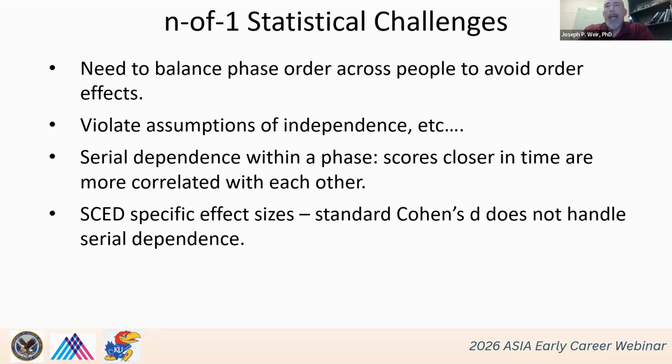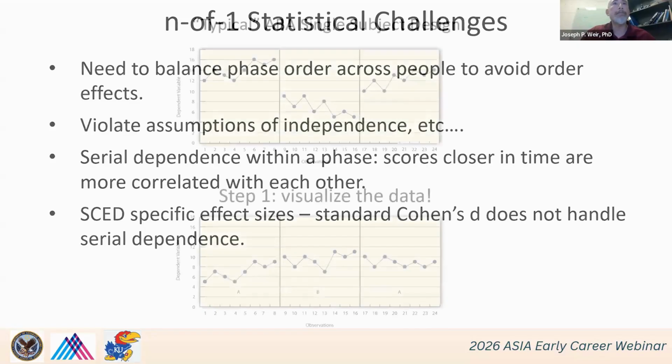A lot of the standard effect size measurements, like a Cohen's d, weren't really set up for these types of calculations. And on a subsequent slide, I'll have a reference to an R package, for example, that calculates effect sizes that are specific to some of these single case study designs.